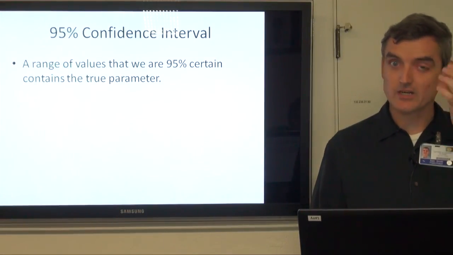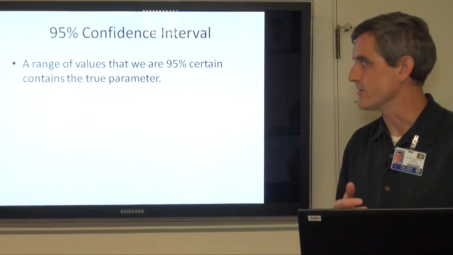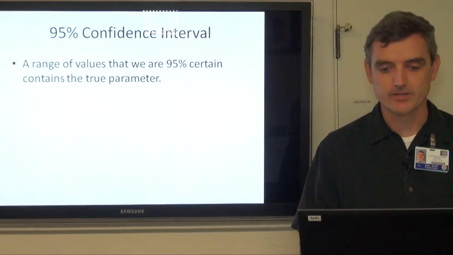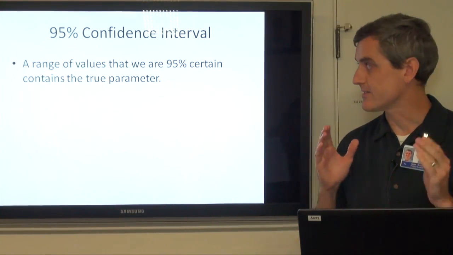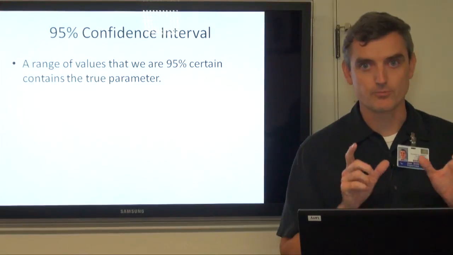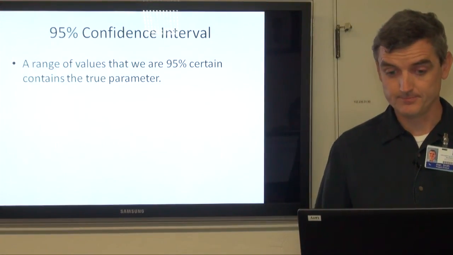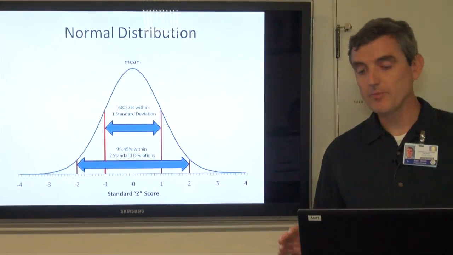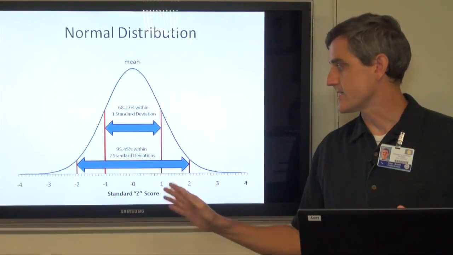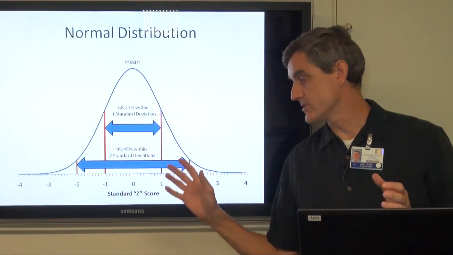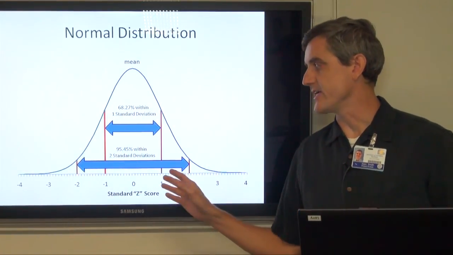The 95% confidence interval, and you've probably all seen examples of that in peer-reviewed literature, or you may have calculated some yourself. It's just a range of values that we're 95% confident actually contains the true parameter based on the data that we have. So remember, when we talked about the normal distribution, we discussed that just over 95% of observations occur within 2 standard deviations of the mean.